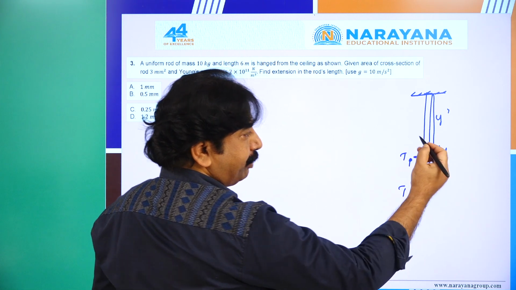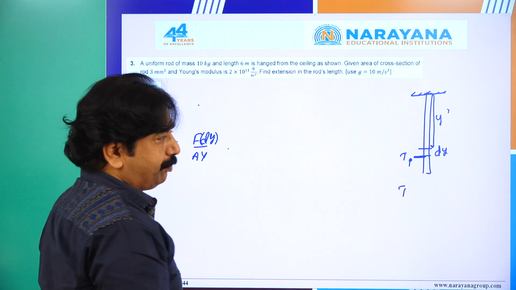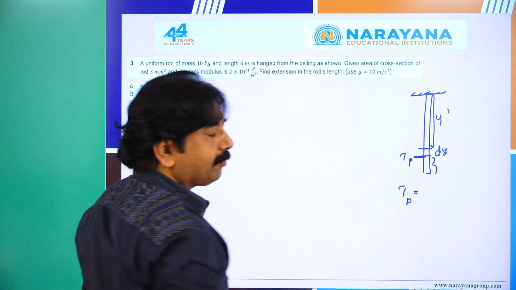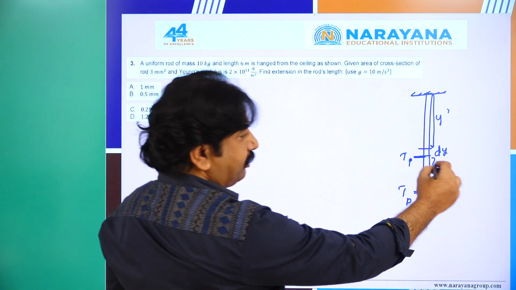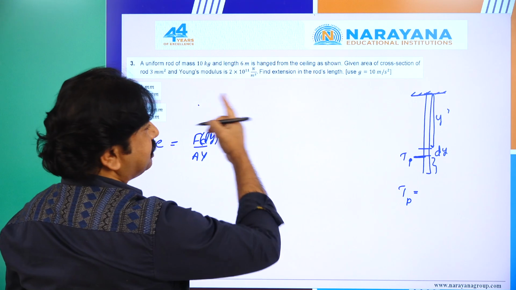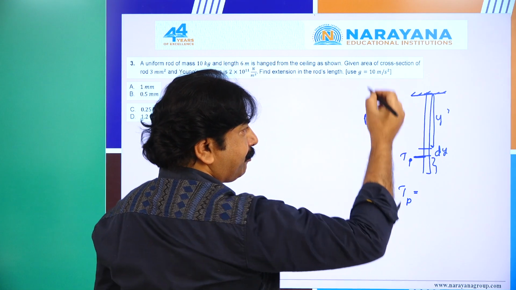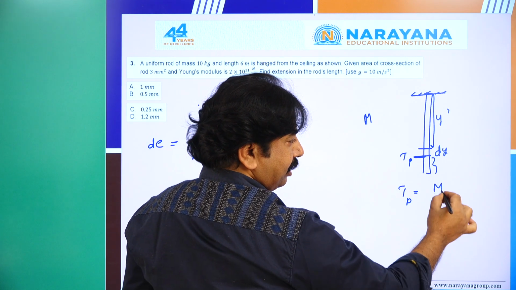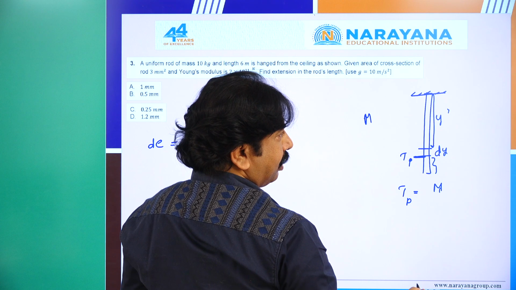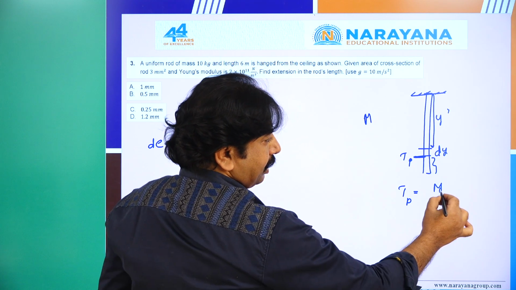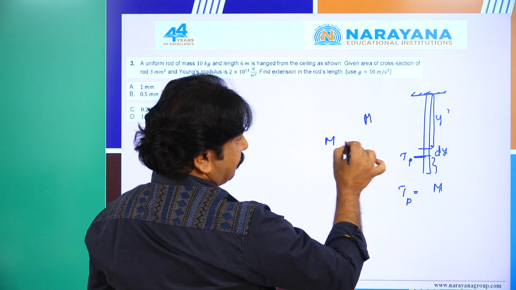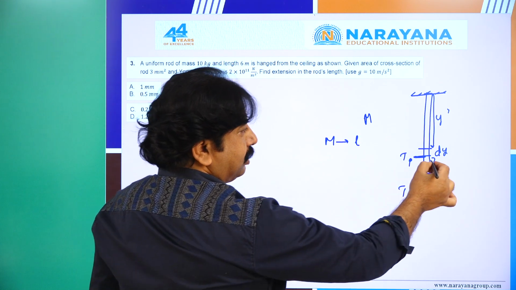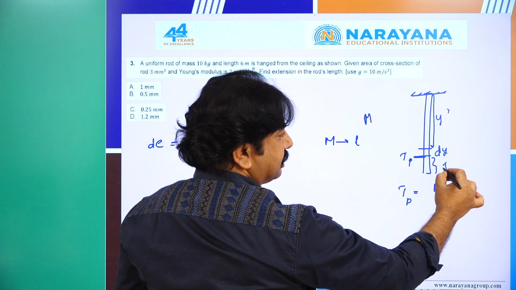For example, this is the point P. The tension at point P is due to the lower weight. So the weight of this part, the total weight is considered as capital M. Now this part of the weight we can write as M by L, M is the mass per length. Total length is considered as L. So this is the length L minus y only.